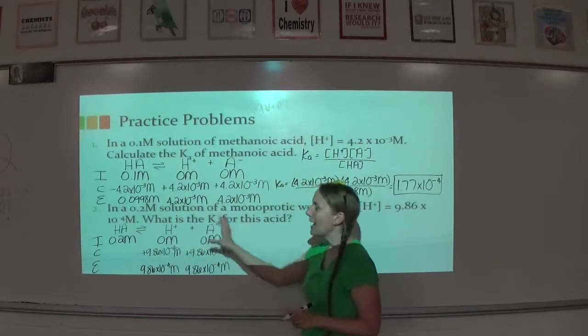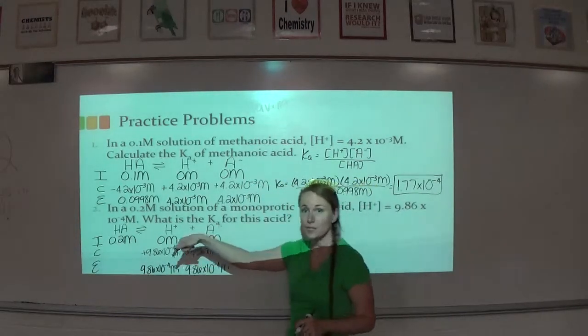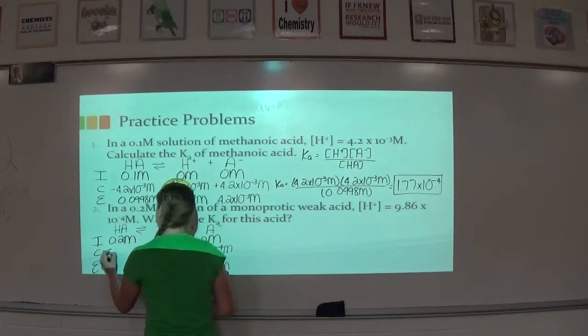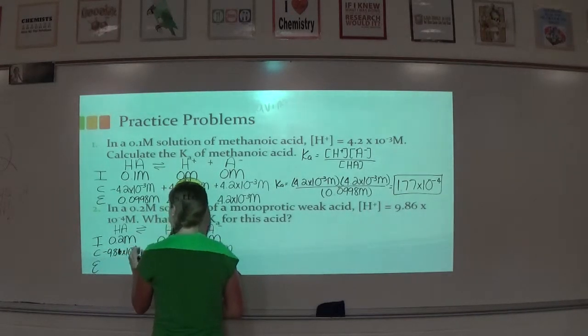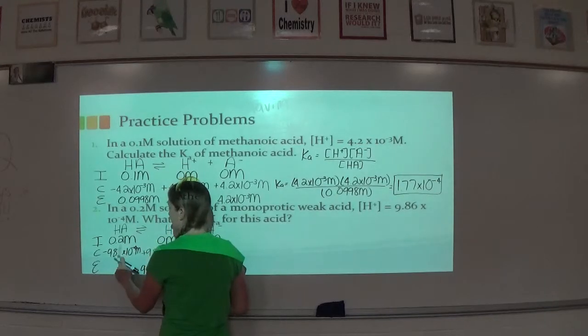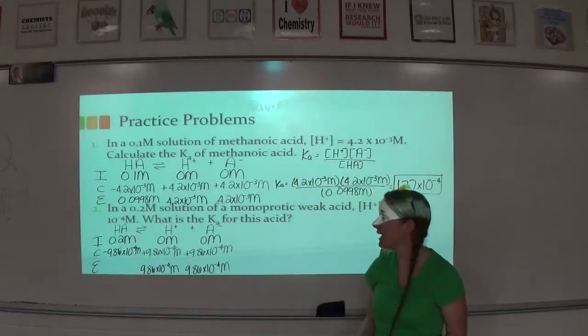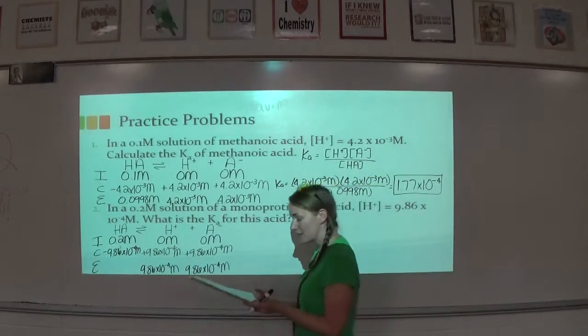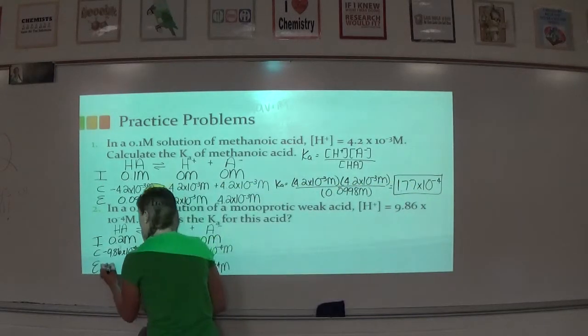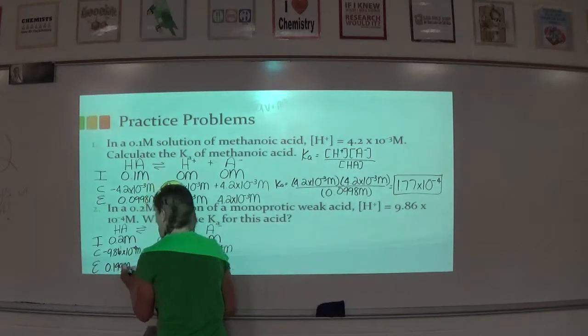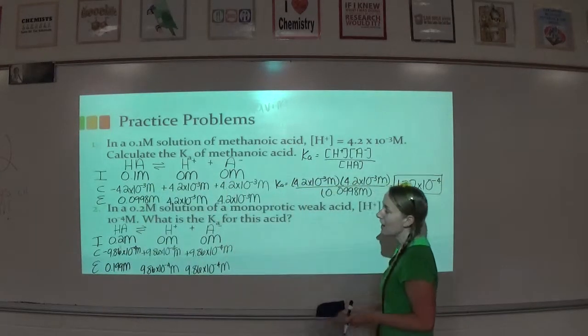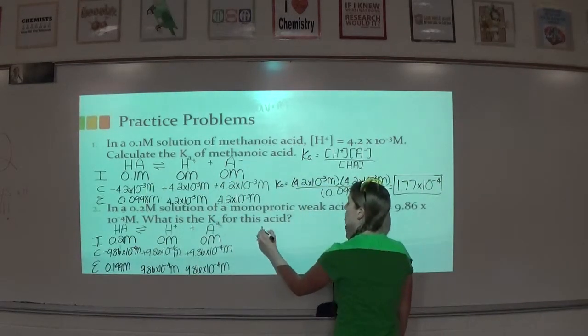Alright, and so if I add that much to products, what happened to reactants? Well, I had to subtract that much. Because every time I form products, I'm destroying reactants. Okay, so I have to do 0.2 minus the 9.86 times 10 to the negative 4, and that changes that number to 0.199 molar. Alright, and so now that I have my 3 equilibrium values, I can just plug in.